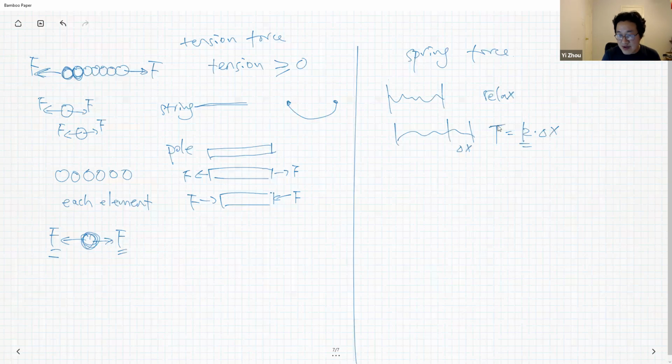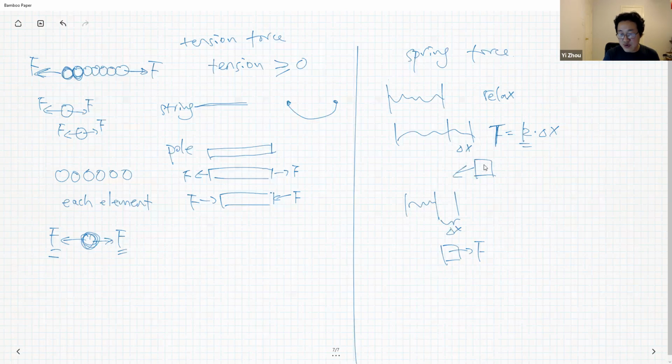We cannot use tension because we'll say this: the spring can provide a stretch inside if there's an object here. But if we compress the spring by delta x, then for the object here, the spring will provide a force of push.